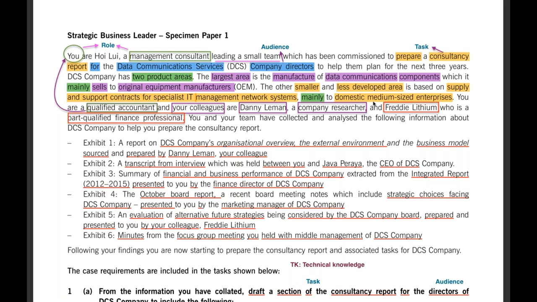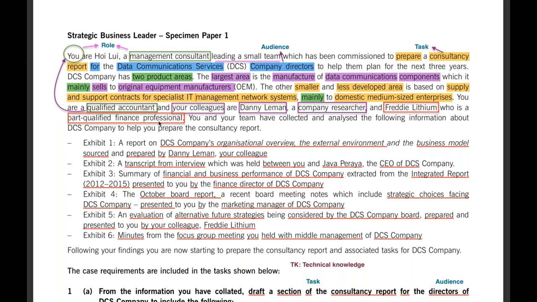Again, here it says that as the management consultant, you are also a qualified accountant. That's why I put an arrow here. Your colleagues are Danny Lehman, who is a company researcher, and Freddie Lithium, who happens to be a part qualified finance professional.